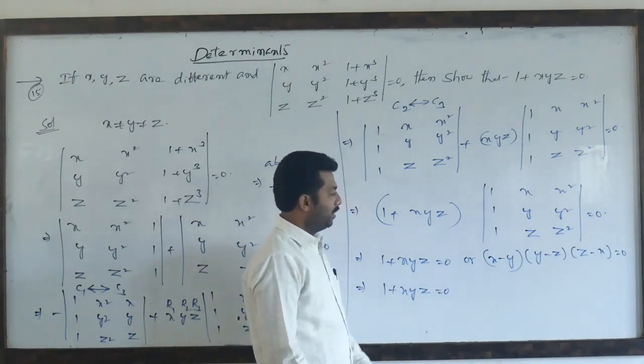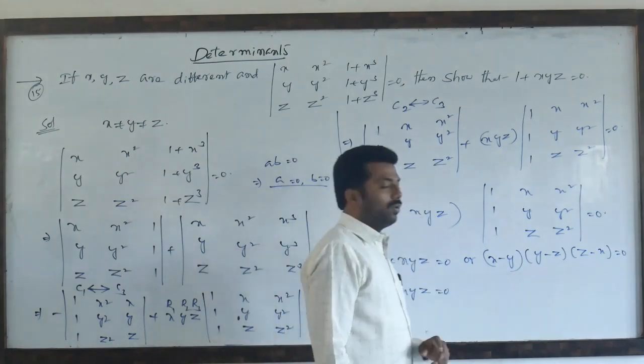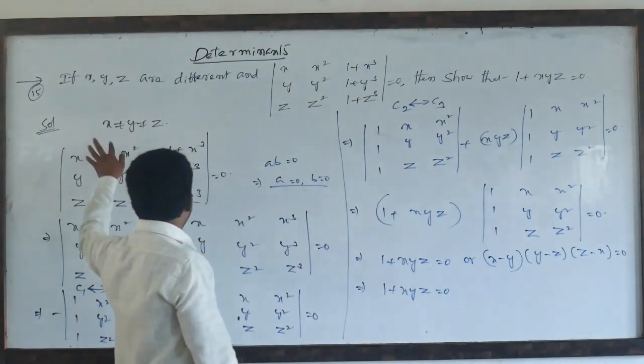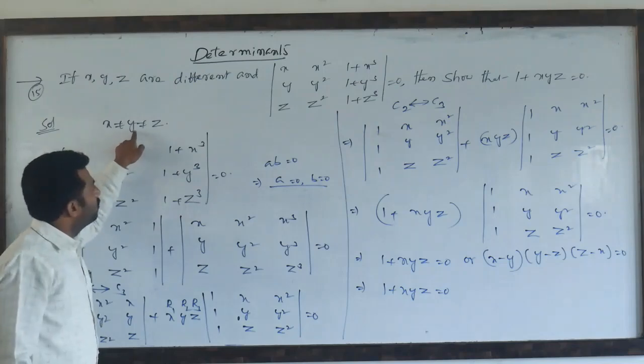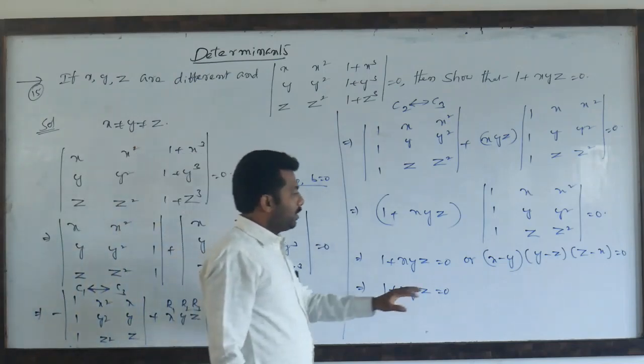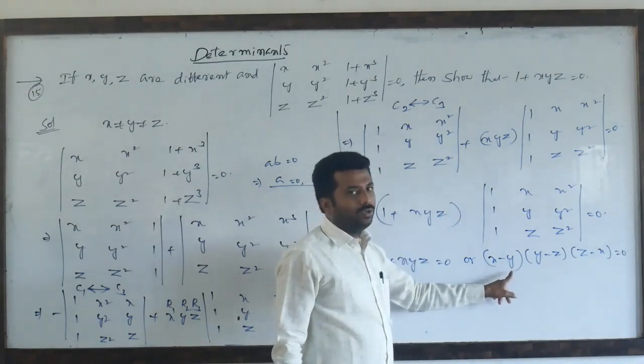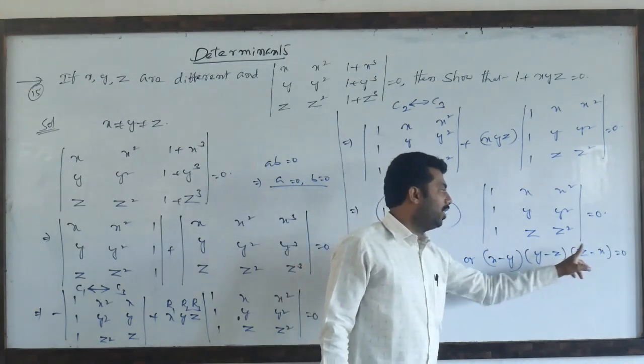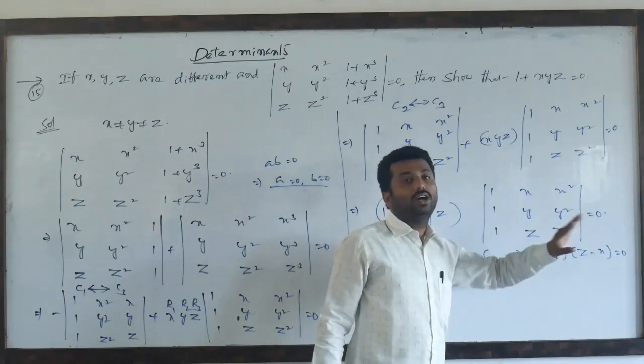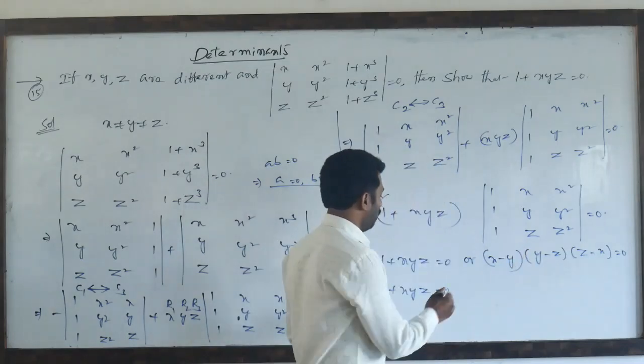You observe, this cannot be 0. Why can this not be 0? Because x is not equal to y is not equal to z. Suppose this is equal to 0, then x equals y, or y equals z, or z equals x. But all these three values cannot be equal.